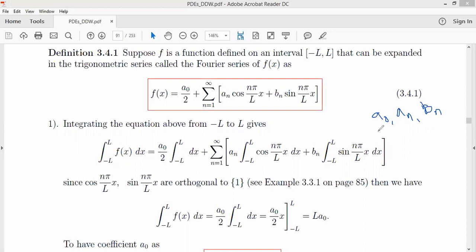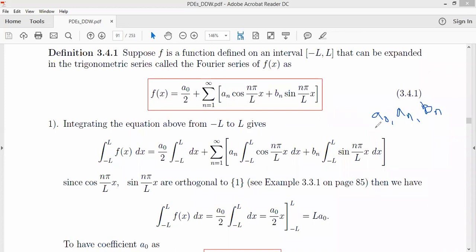cosine, or by the definition of an odd function with respect to a trigonometrical series, it would imply that that particular Fourier coefficient, given the range you are using, is 0 or non-zero.